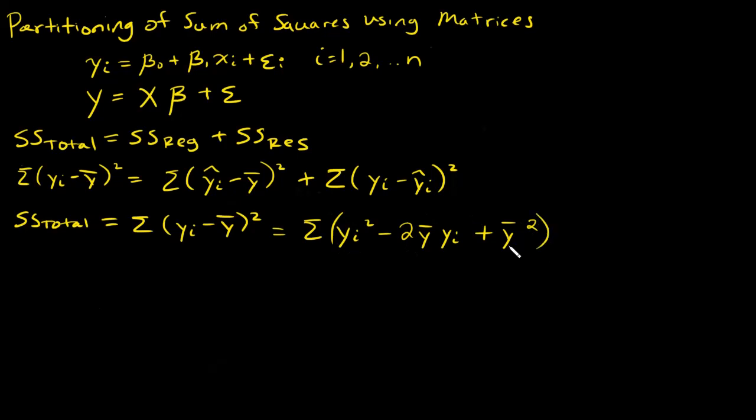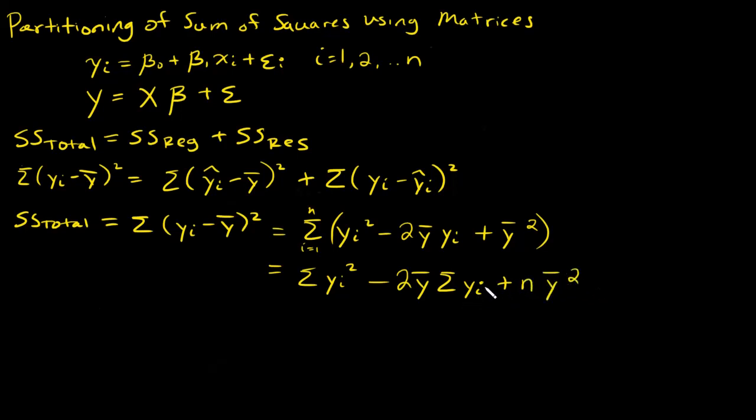Now let's bring in our sum, which goes from i equals 1 to n. We have the sum of yi squared minus, and since y bar doesn't involve i, it can be pulled out of the sum. The last term doesn't involve i at all, so when you sum it up n times, you just get n of them.